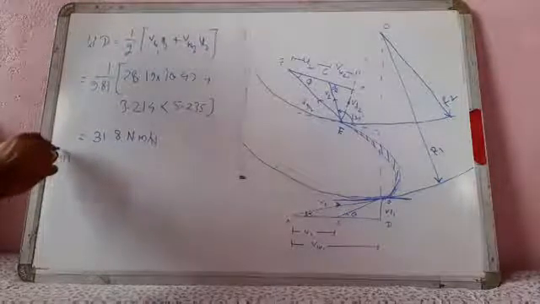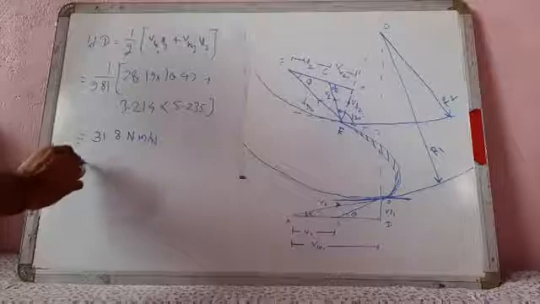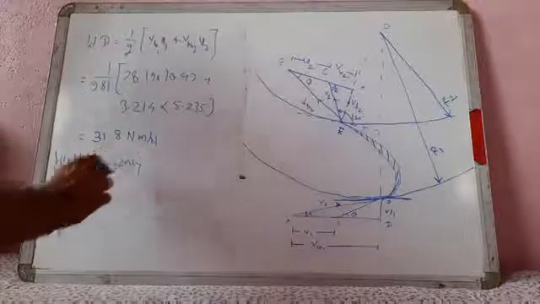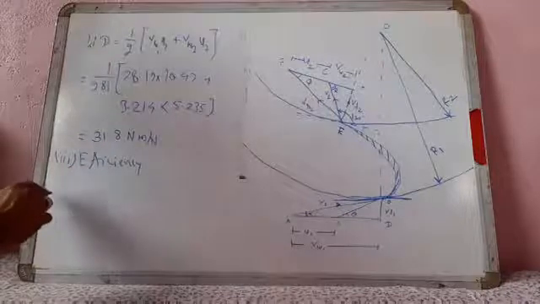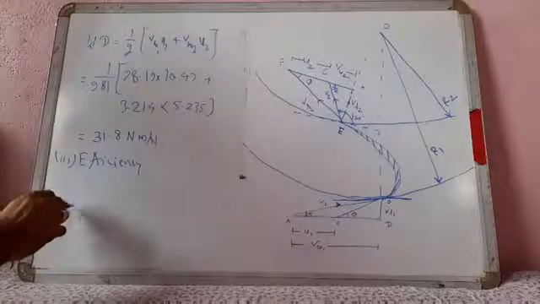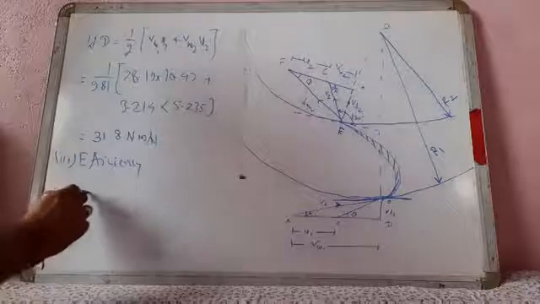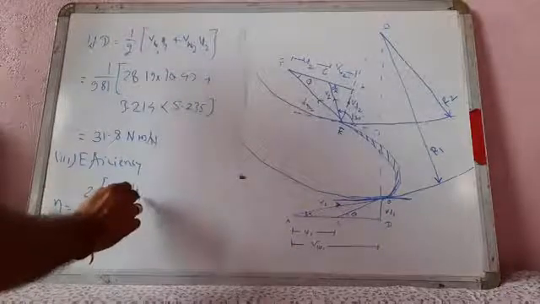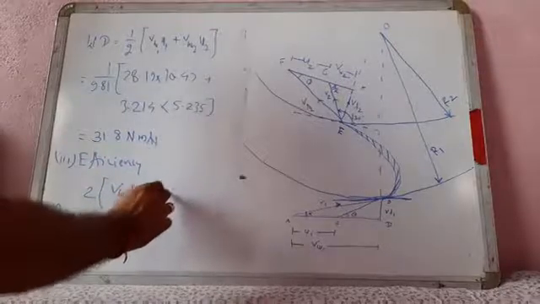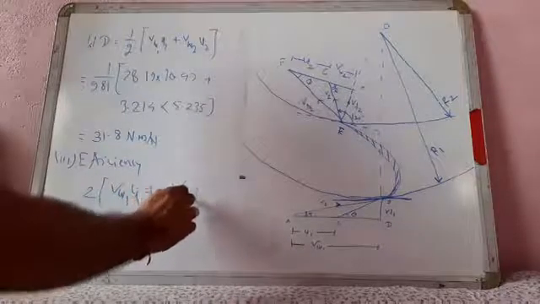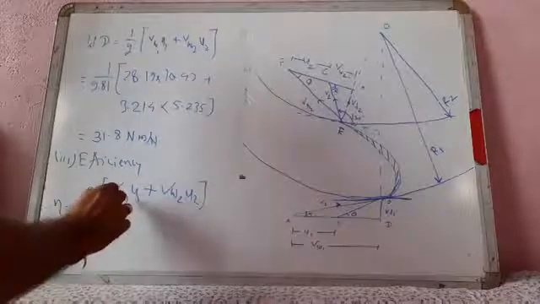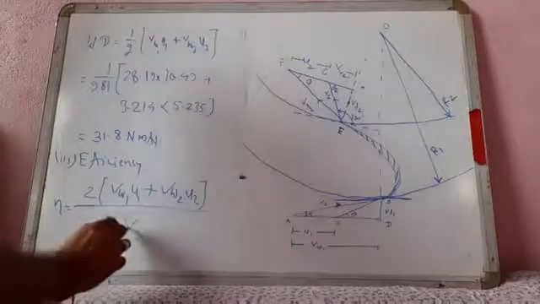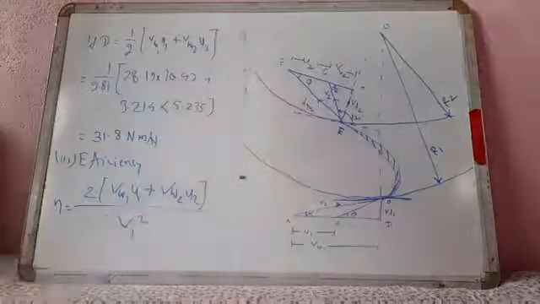Third, we have to calculate the efficiency. The equation is 2 into VW1 U1 plus VW2 U2, divided by V1 square.